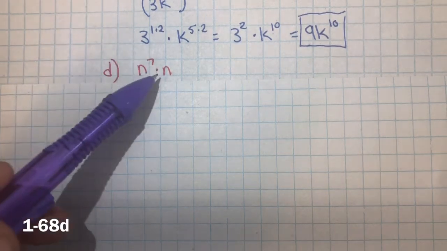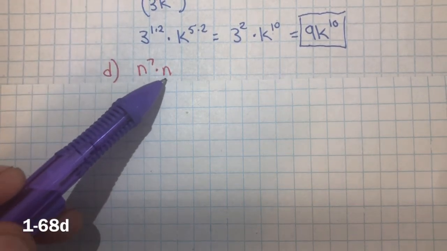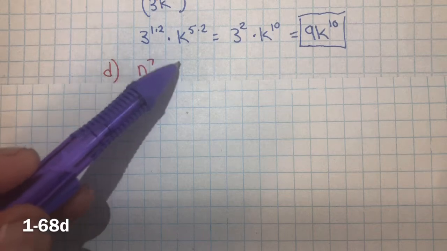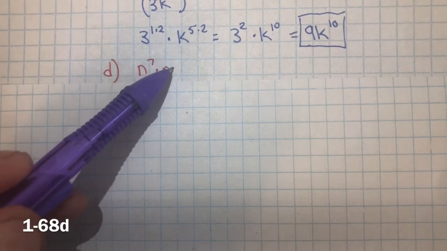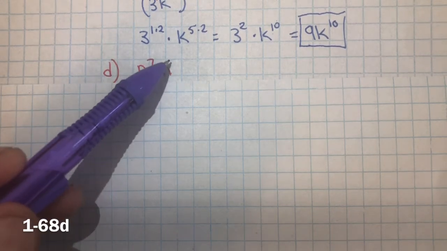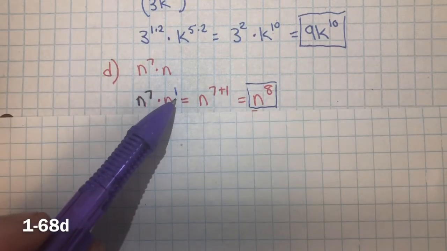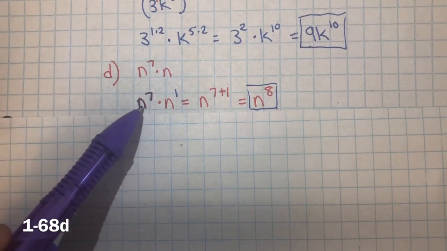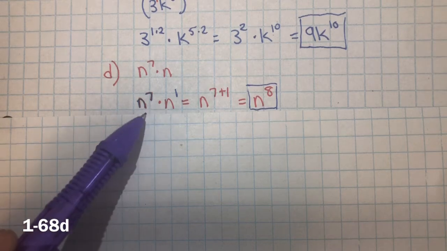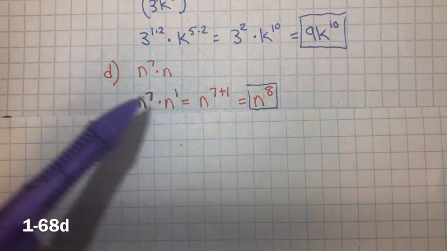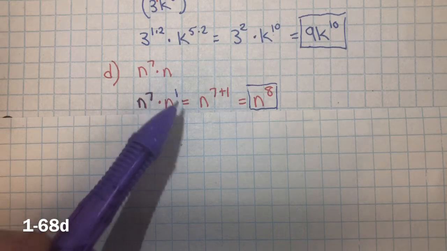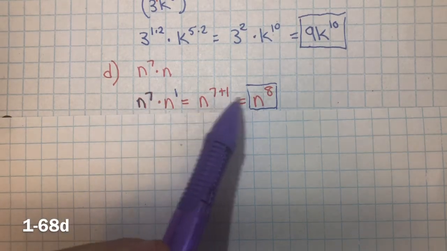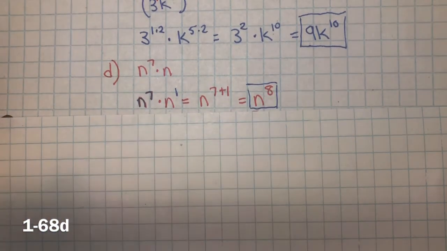168d, as I explained in the previous problem, if you don't have an exponent there, then as a placeholder, you can put a 1. And now when you're multiplying bases, like terms, you add the exponents. 7 plus 1 is 8, so we have n to the 8th.